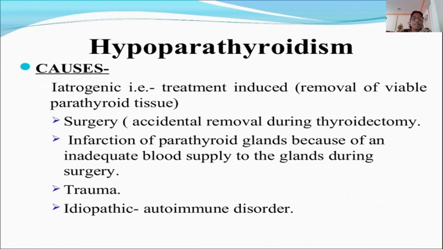Then etiology or causes of hypoparathyroidism. Iatrogenic causes, that is treatment-induced removal of viable parathyroid tissues. Already in the incidence, persons who have undergone thyroid surgery may get hypoparathyroidism. This is also treatment-induced removal of viable parathyroid tissues. Then surgery, accidental removal during thyroidectomy.